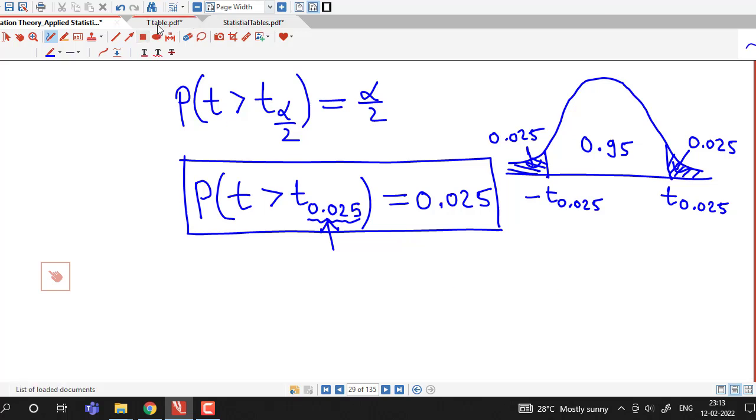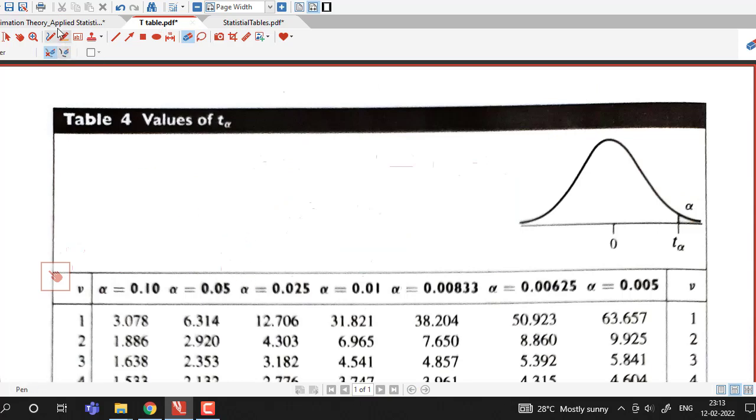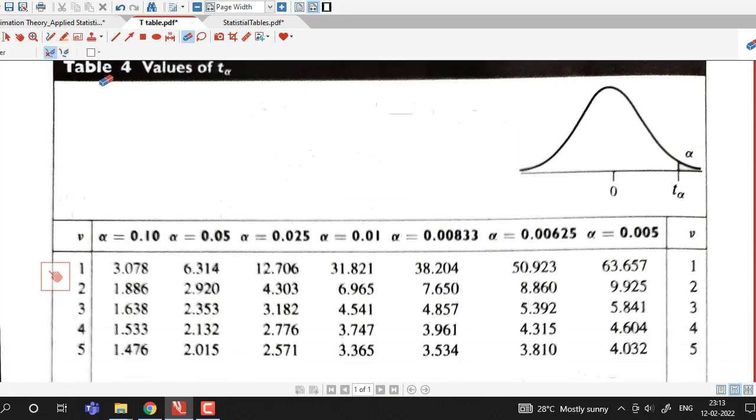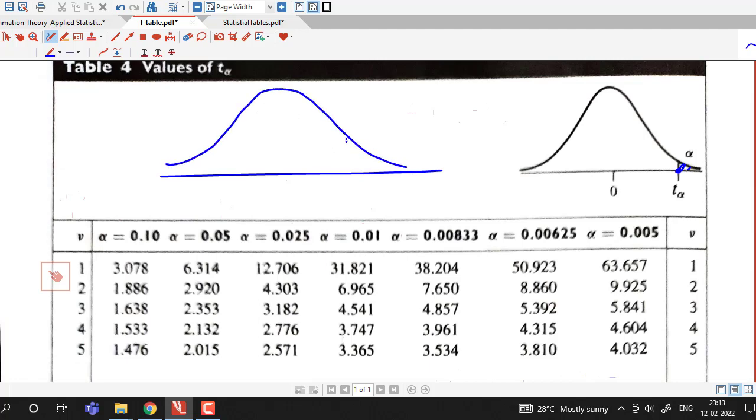In the table for T distribution, T alpha is the point such that the area to the right side of T alpha is alpha. Now here our point is T suffix 0.025, and area to the right side is 0.025, and degrees of freedom is n minus 1 equal to 9.